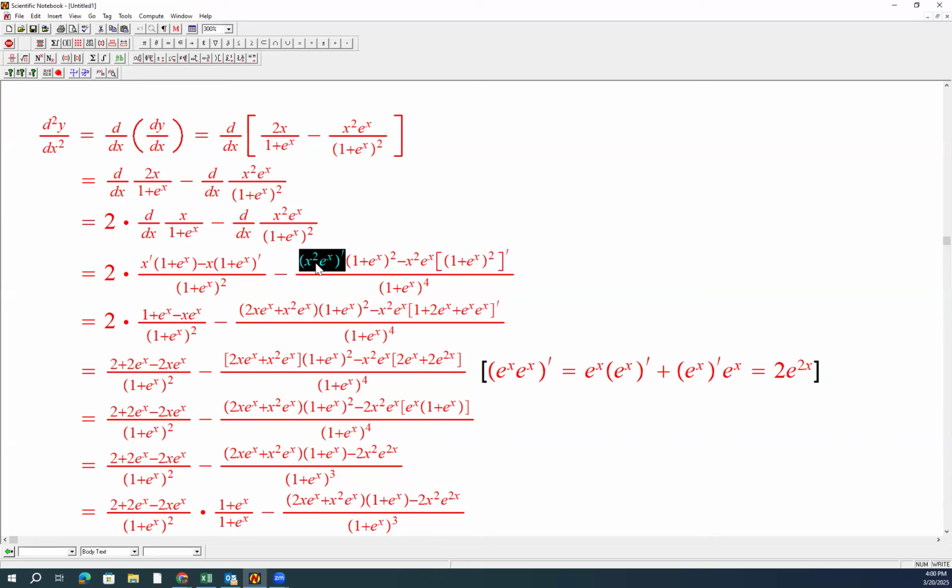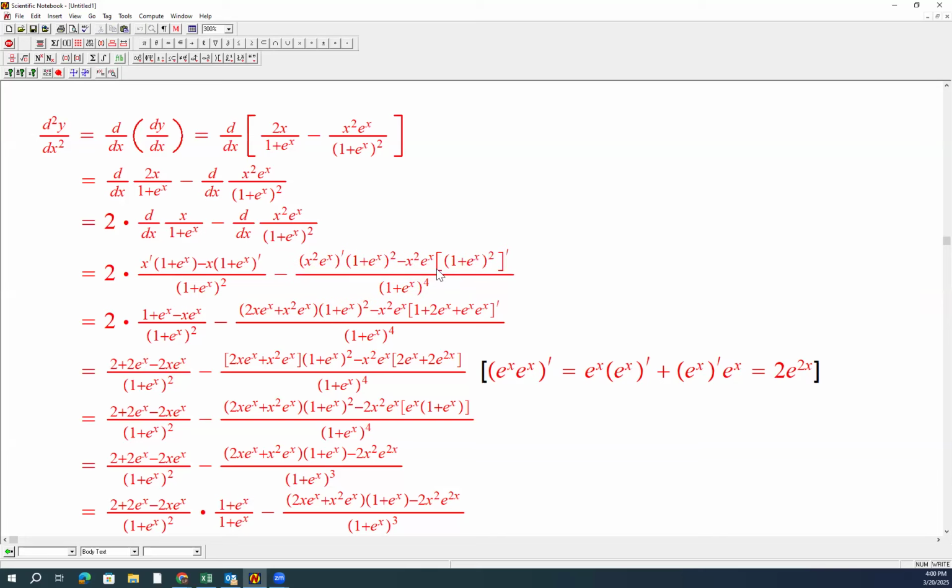Differentiating x squared, we get 2x e to the power x, plus x squared times the derivative of e to the power x. So this is the result of the product rule on that derivative. Denominator stays the same, minus, and we're differentiating the denominator.